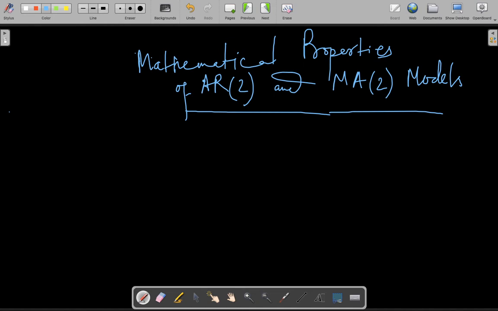Now, when we talk about the AR2 model, let me just write down the standard form of the AR2 model. So y_t is equal to phi 1 y_(t-1) plus phi 2 y_(t-2) plus epsilon_t.